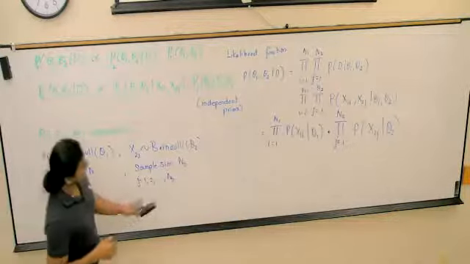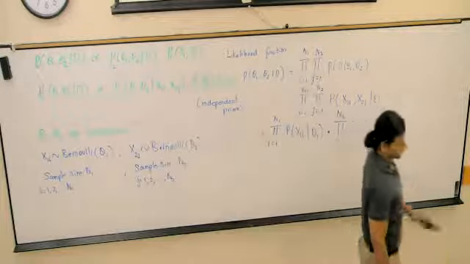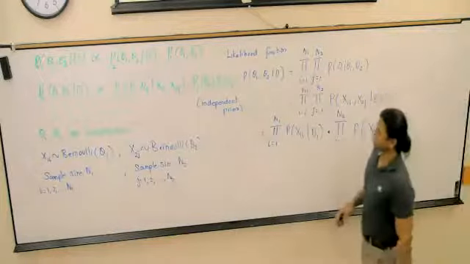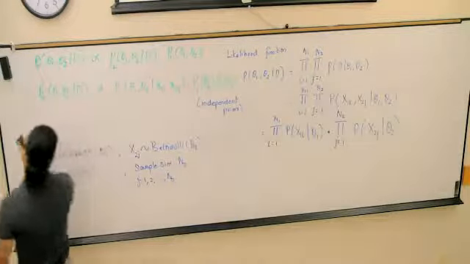So that is the assumption of independent priors. And we already did the likelihood part right here.